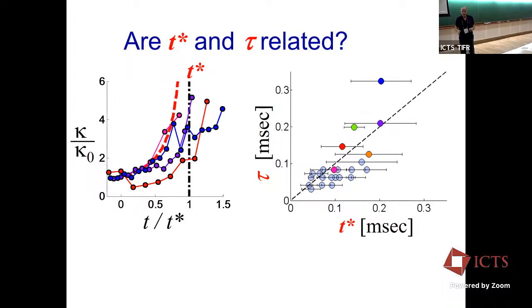Then we looked carefully at microbranches and saw that the threshold for microbranches is also guided by this local shear perturbation.